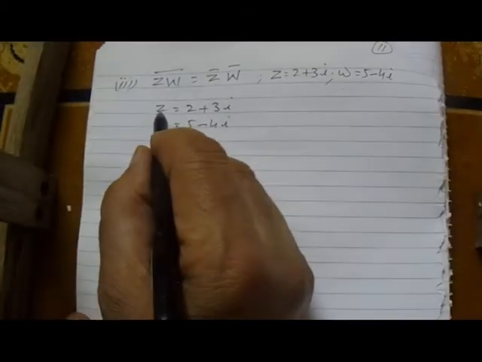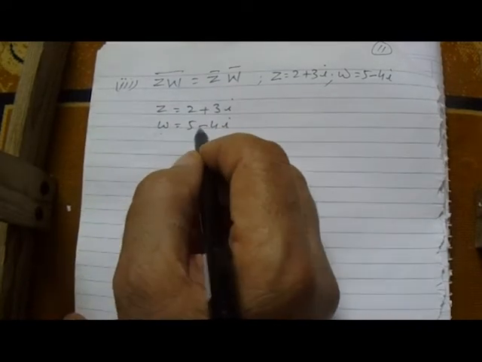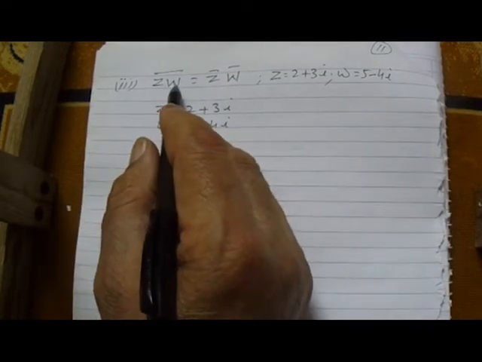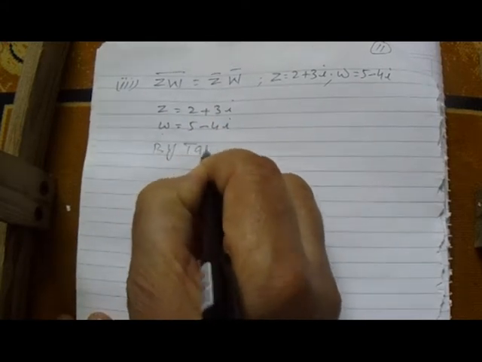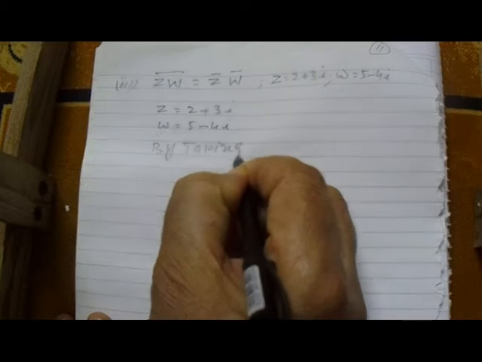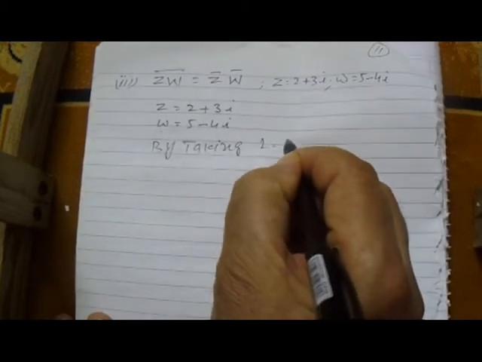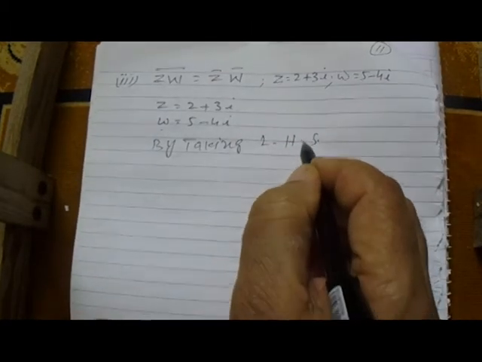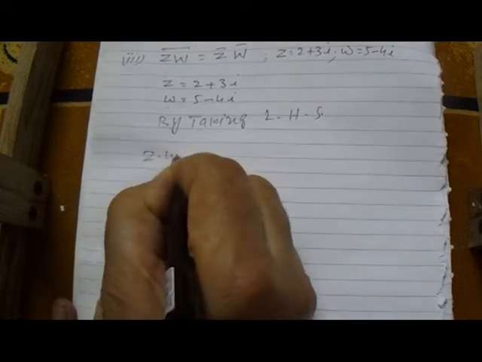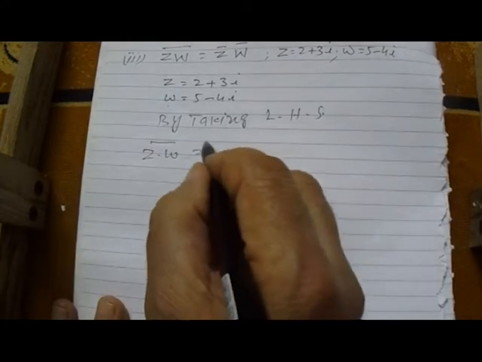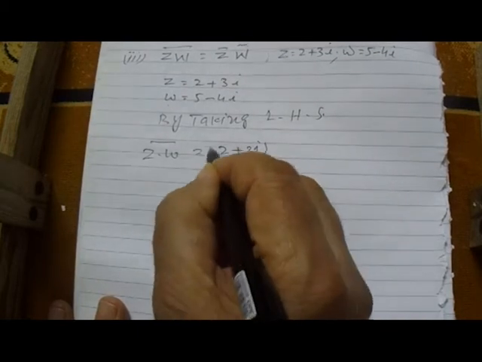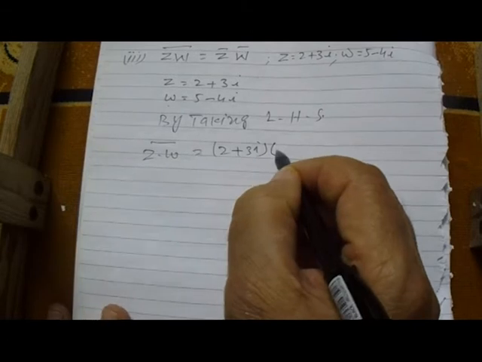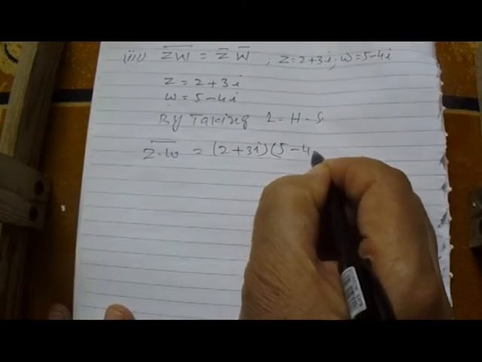Now we write here, this is our z and this is our w. First we find z w bar by taking left hand side. Now z into w bar is equal to, first we write z, 2 plus 3i. Now we write in brackets here also 5 minus 4i.